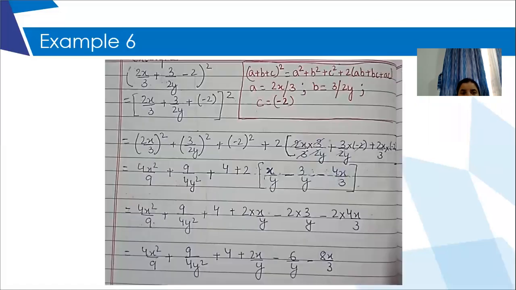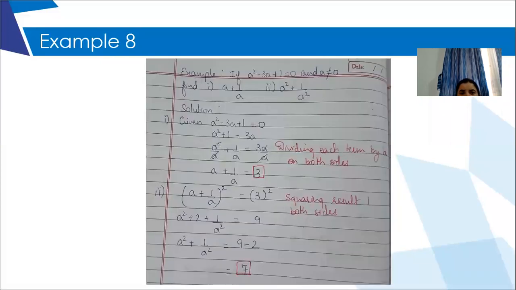Okay, next example is example 8. Now here it's a very different kind of question they have given. Please pay attention. My equation is a square minus 3a plus 1 is equal to 0, and a will not be equal to 0. From this, I have to get the value of these two expressions.